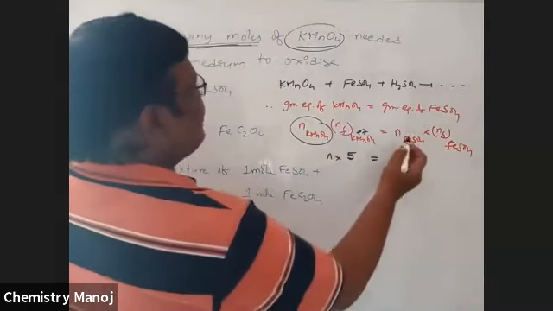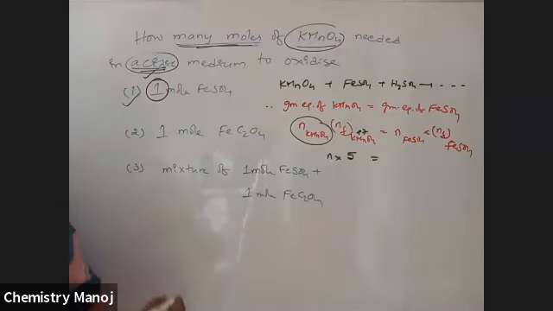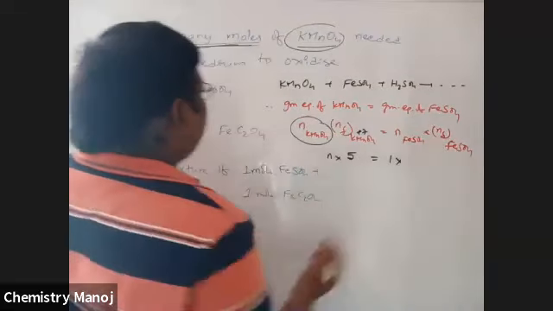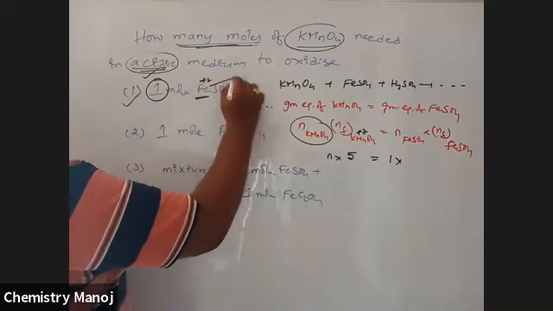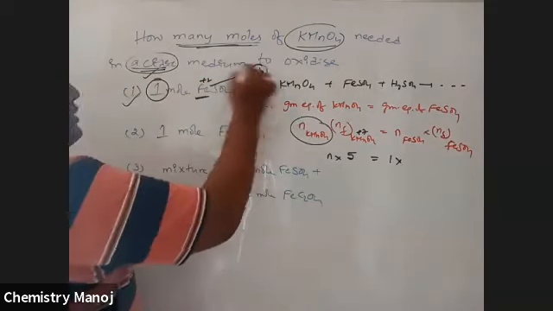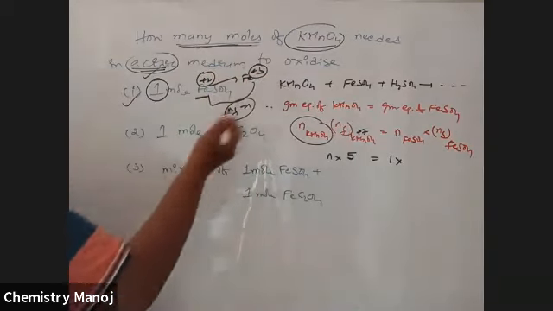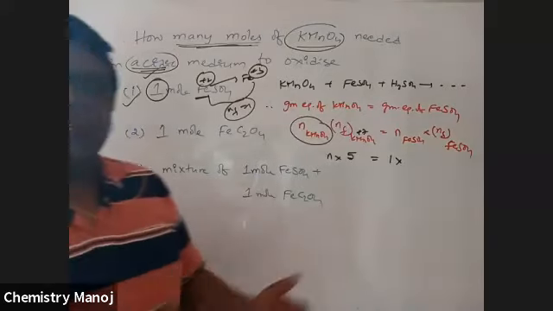This equals the number of moles of FeSO4 into its n factor. 1 mole of FeSO4 is involved in the reaction. Fe plus 2 changes to Fe plus 3, so n factor is 3 minus 2, that is 1. The change in oxidation state is the n factor.